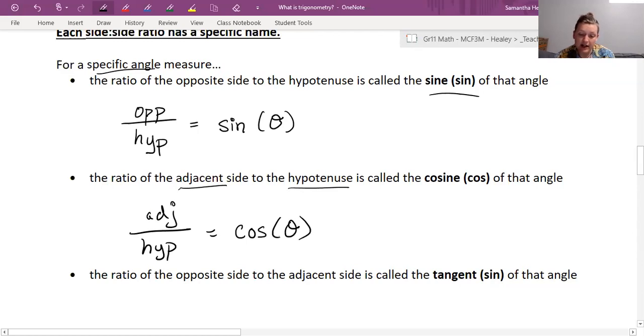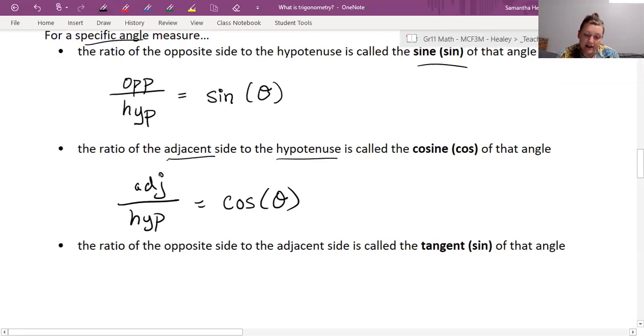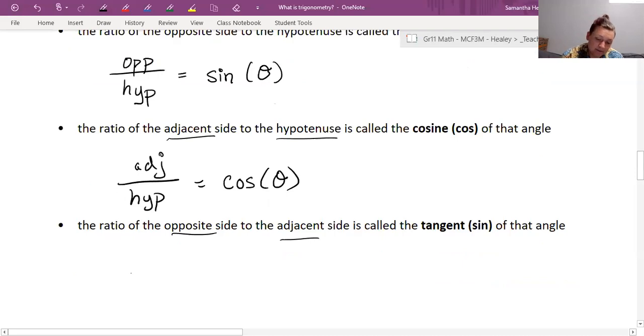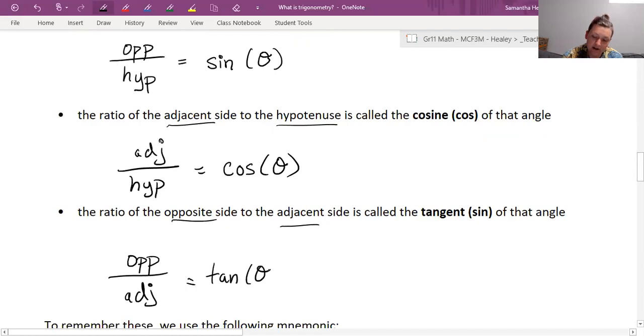So the cosine of a specific angle is just another way of saying, what's the ratio between the adjacent and hypotenuse for a triangle of this shape. And then the other ratio we're looking at is the opposite to the adjacent side. If we want to compare how the opposite side of this triangle compares to the adjacent side of a triangle shaped like this, we just call that the tangent of that angle.